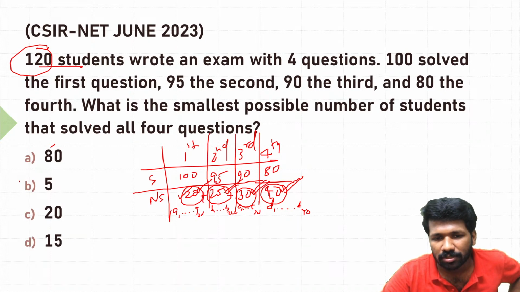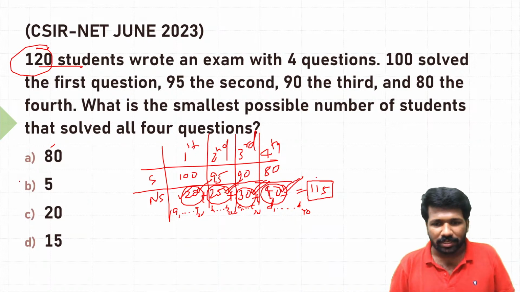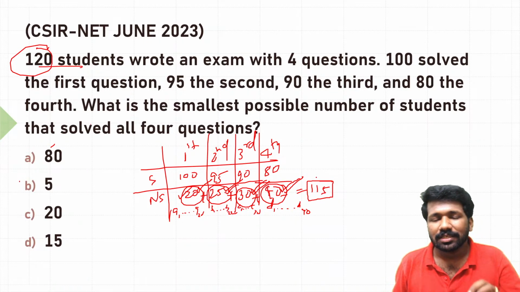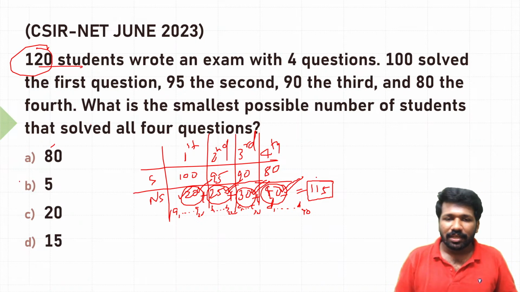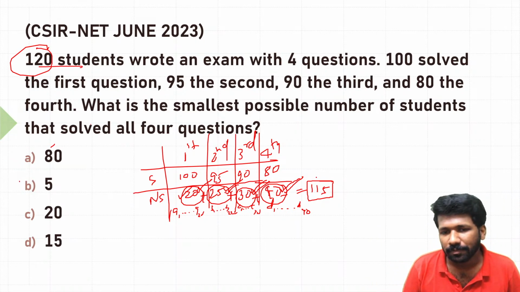That means the total is 20 plus 25 plus 30 plus 40. That is 45, 75, 115. 115 students at least missed one question. Are you all getting the point?